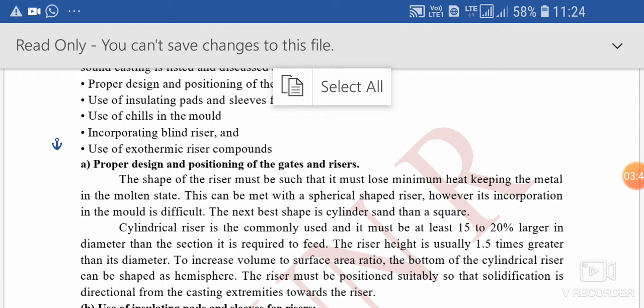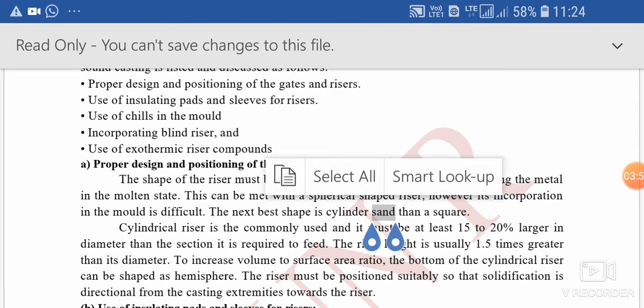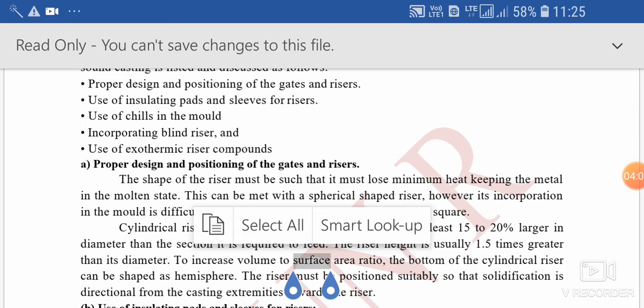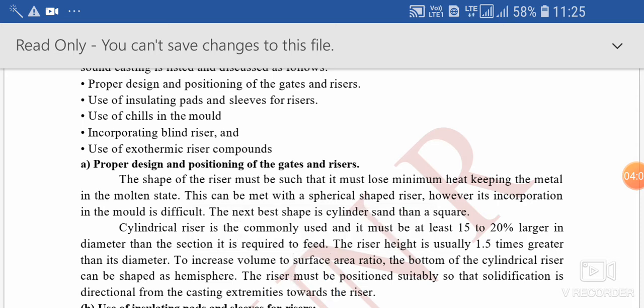First, what is proper design and positioning of the gates and risers? Here in the proper design, the shape of the riser must be such that it loses minimum heat, keeping the metal in the molten state.